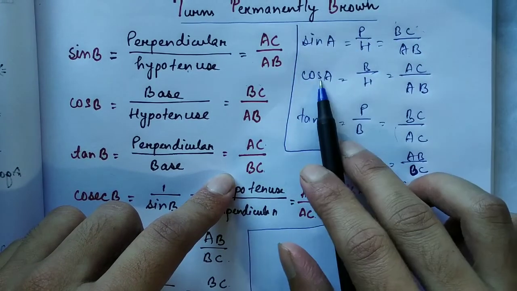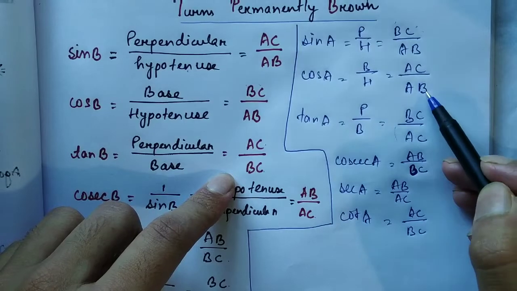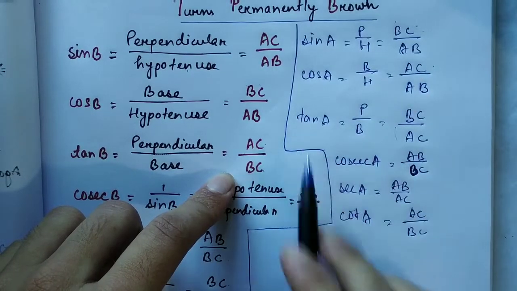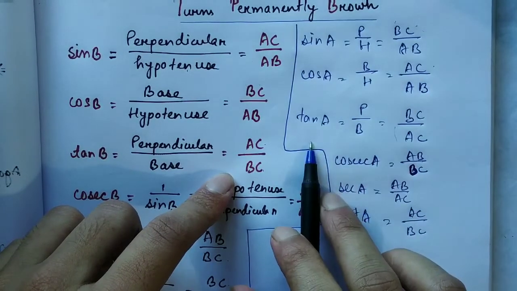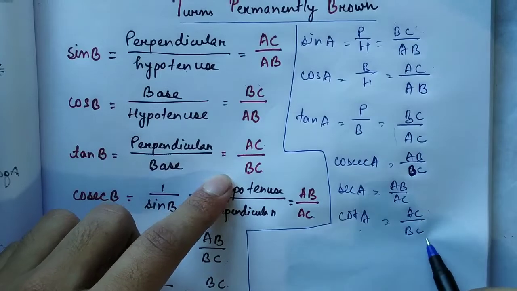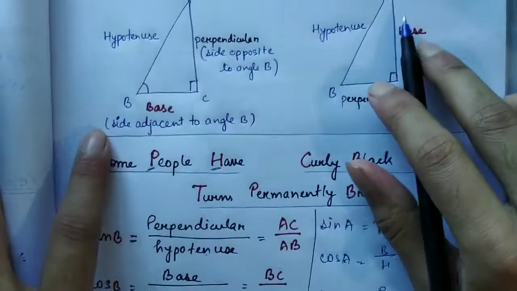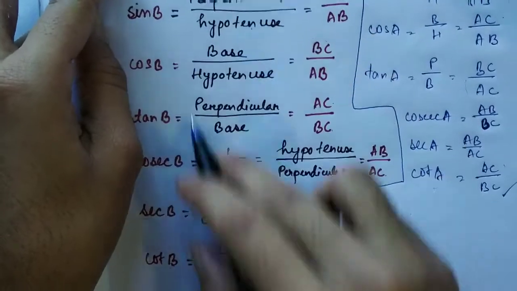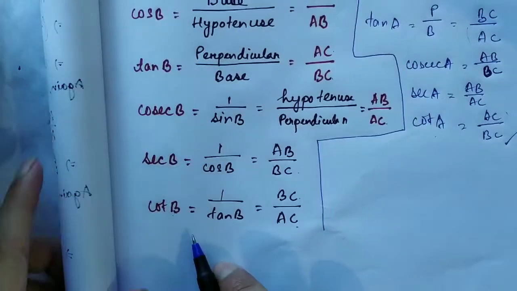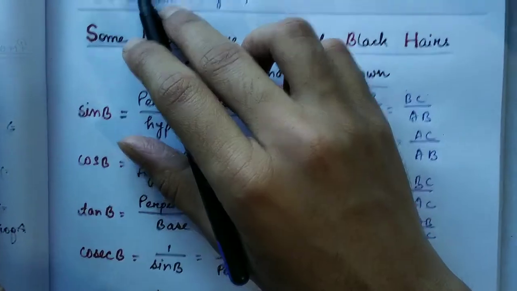Sec of A becomes the reciprocal of cos of A, that is AB by AC. And cot of A becomes the reciprocal of tan of A, that is AC by BC. So these are the 6 trigonometric ratios based on our angle of reference A, and these are the 6 trigonometric ratios based on our angle of reference B.